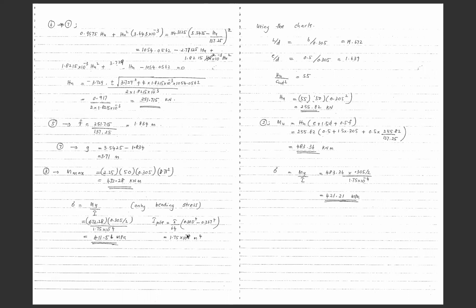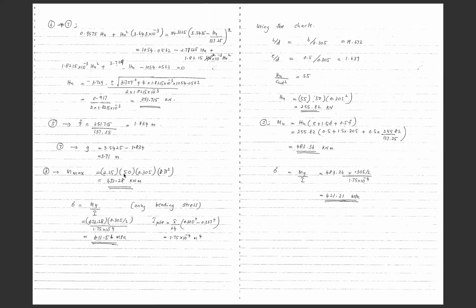That will give us 1.75 times 10 to the power minus 4 m to the power 4. If we use these values, we obtain the value of the maximum stress as 411.56 megapascal.